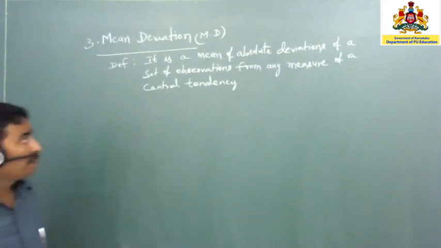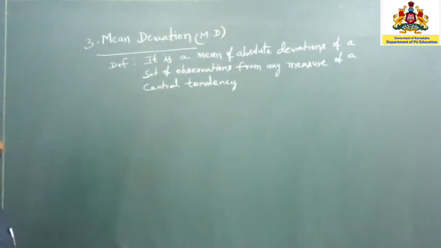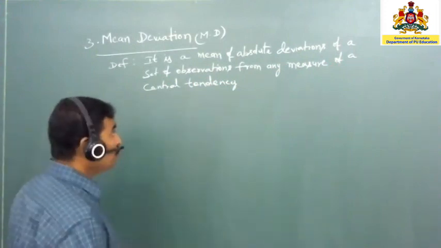It is a mean of absolute deviations of a set of observations from any measure of central tendency.